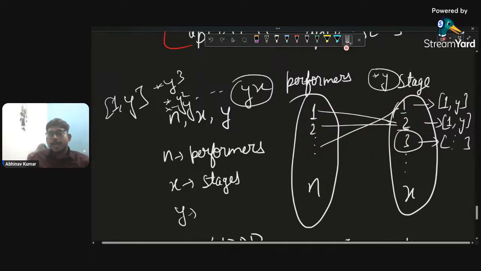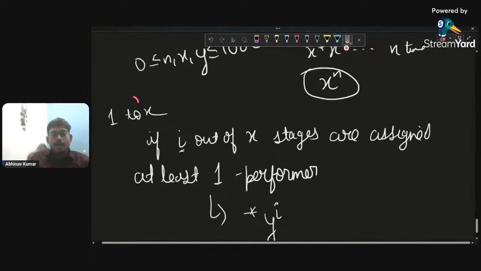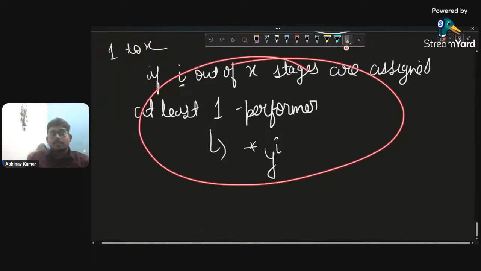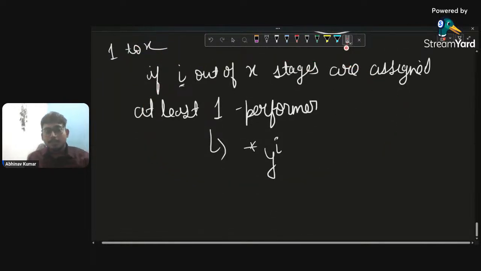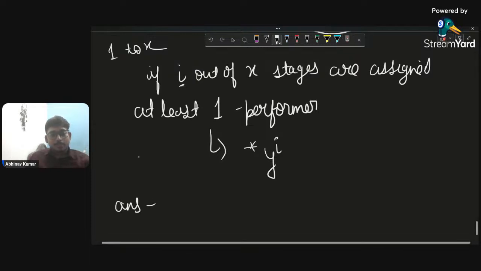At max, all the x stages would be assigned at least one performer. So if we vary this I from 1 to x and then compute this, then I can write my final equation, that my final answer is going to be the summation from I equal to 1 to x.